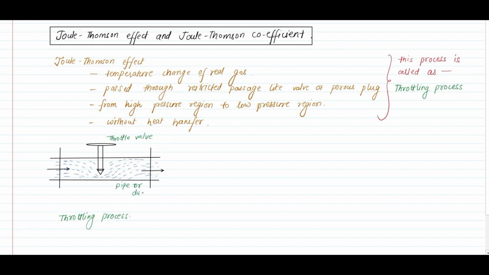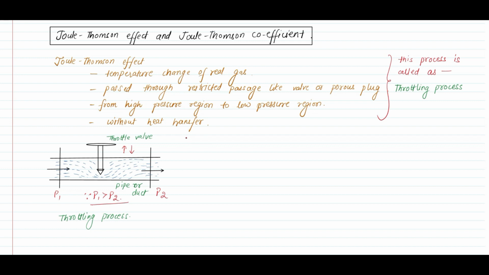This is the pipe in which fluid is moving, like real gas. This is the inlet condition P1, this is the exit condition P2, as the fluid is flowing from high pressure region to low pressure region. So P1 is greater than P2, so fluid is moving from left hand side to the right hand side.